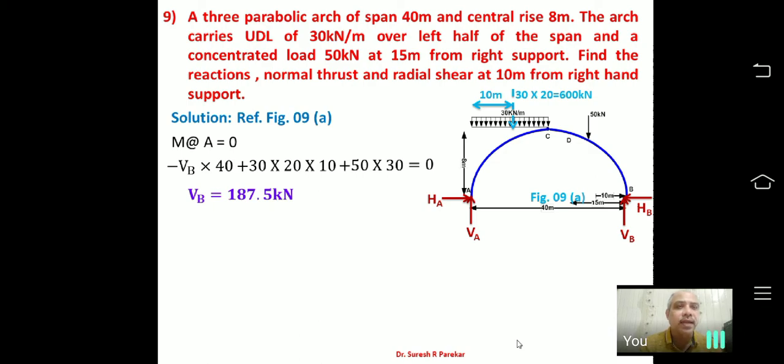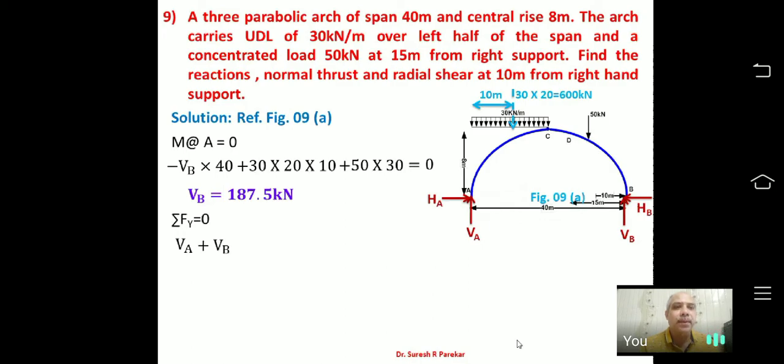Actually the concentrated load is acting at 10 meter, and we have to find normal thrust and radial shear at 15 meter. So there we have the values, that is 50 kilonewton at 10 meter, and we have to find normal thrust and radial shear at 15 meter. So those two values actually are interchanged. Now we have VB 187.5, and we can find the value of VA by just using sum of Fy equals 0.